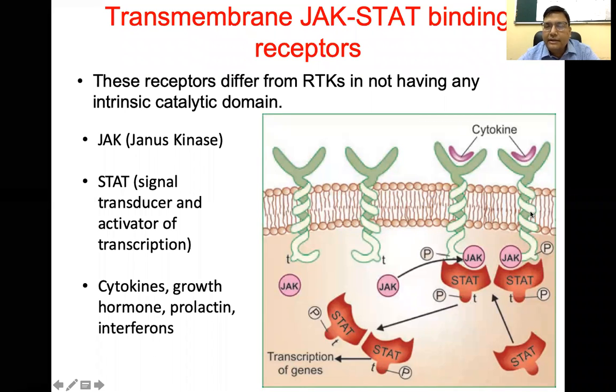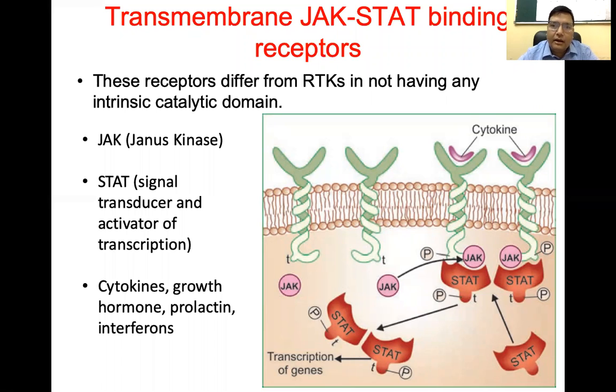After the binding of the cytokines, they undergo dimerization, and Janus kinase comes and binds to their tyrosine residues, and then STAT from the cytoplasm comes and binds, and its tyrosine residues undergo phosphorylation. Then this STAT dimer separates out from the receptors, and it produces the effect by transcription of the genes or produces the signal molecule. So this is somewhat different from the previous enzymatic receptors, that is the insulin receptors.